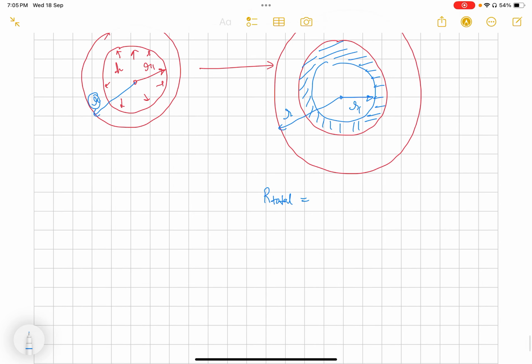First, convection will be there from inside, so 1 by h.